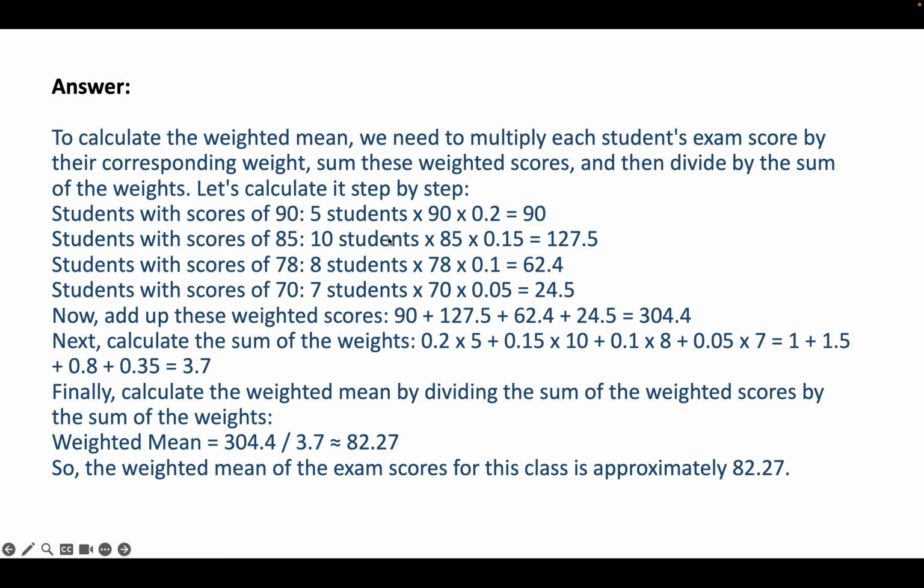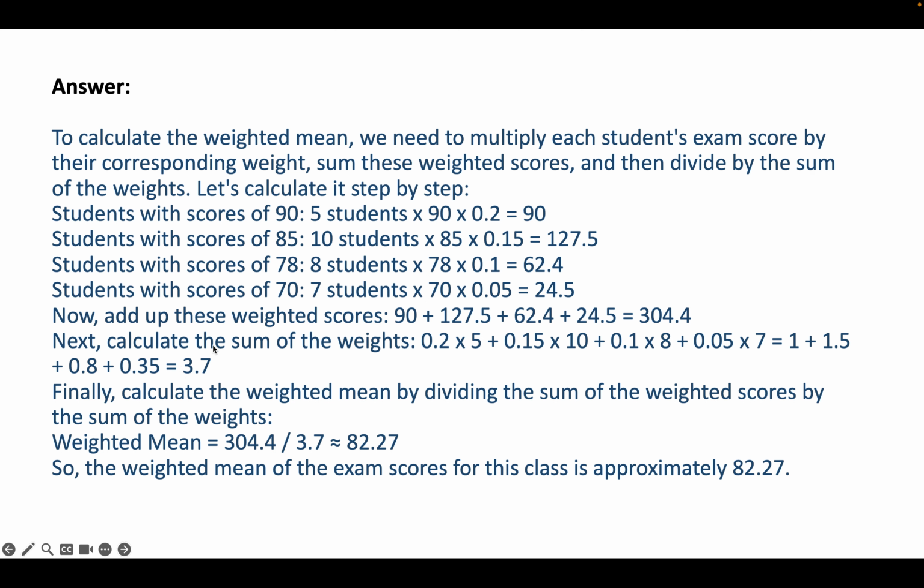Once we have all the weighted scores, we can add them up to get the total weighted score. Now we need the sum of weights, which we calculate by multiplying the number of scores by the weight of the scores, and then getting the total.